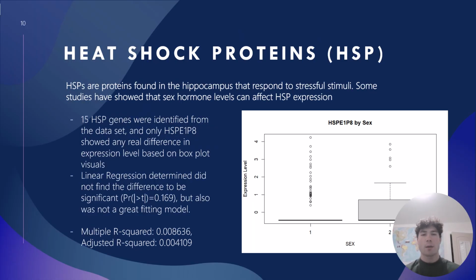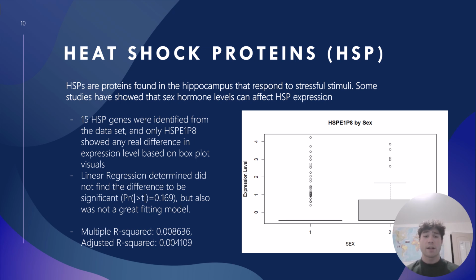I looked at heat shock proteins, really trying to see variation by sex, and there have been some previous studies showing that heat shock proteins, which respond to stress stimuli in the hippocampus, can vary in expression levels based on sex hormone levels. And so I wanted to see if I could see something going on there.